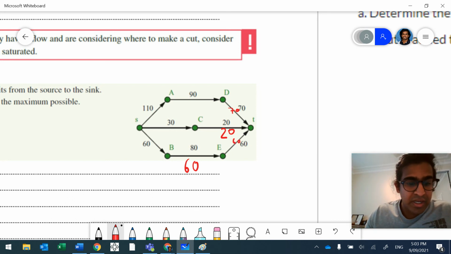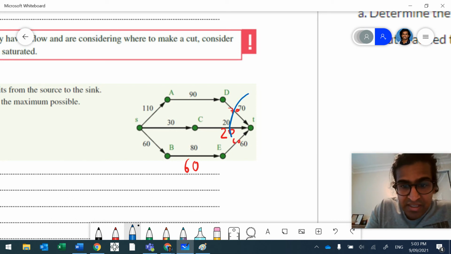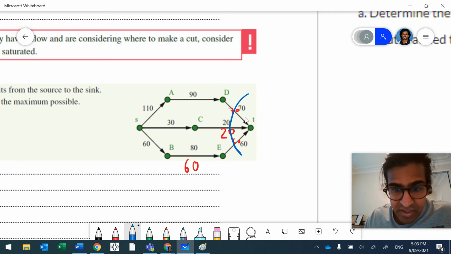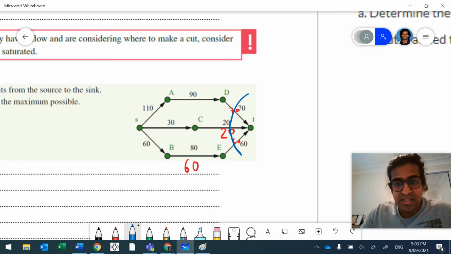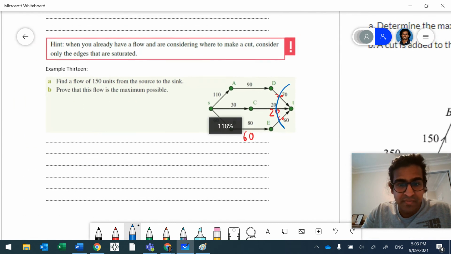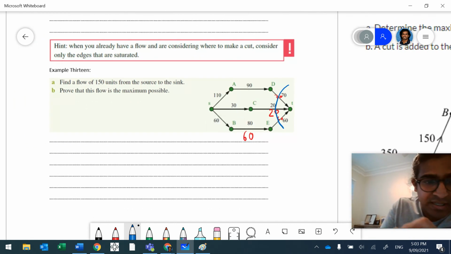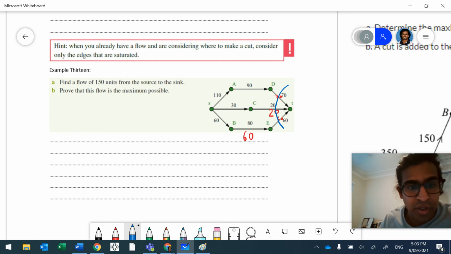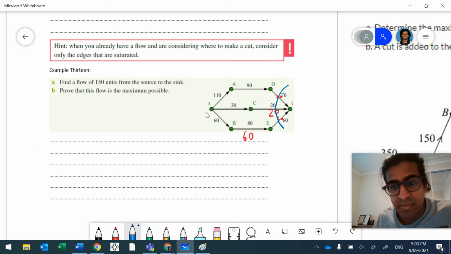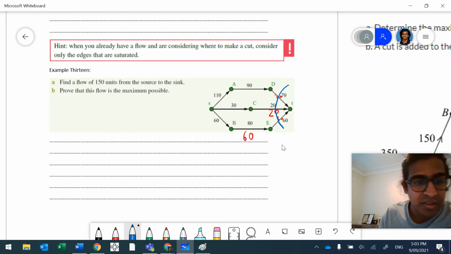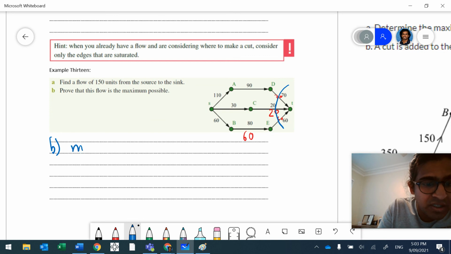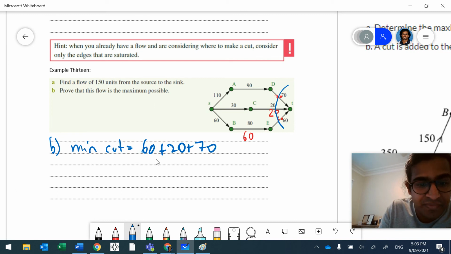Okay, so if we do our cut through these lines here, 70 plus 60 plus 20 gets us an answer of 150. And that's where we do our cut. Now, to prove that this flow is the maximum possible, all we had to do was do that cut. So the minimum cut is equal to 60 plus 20 plus 70.